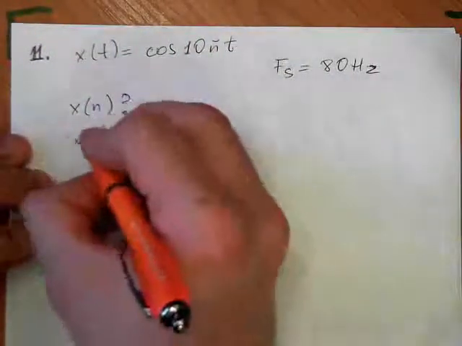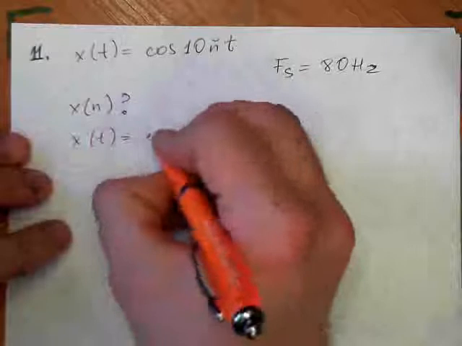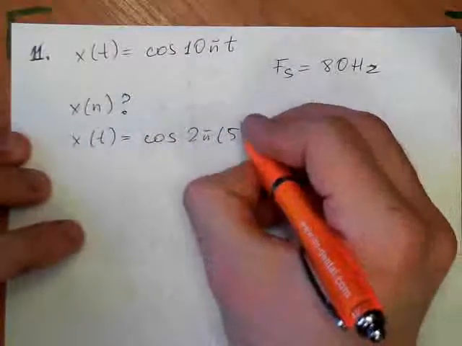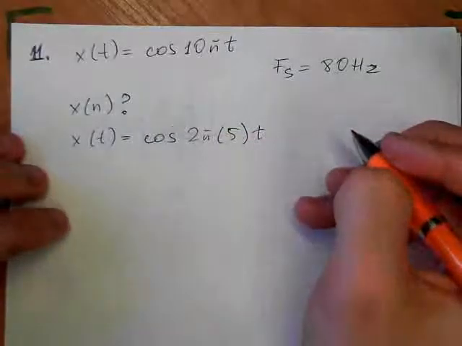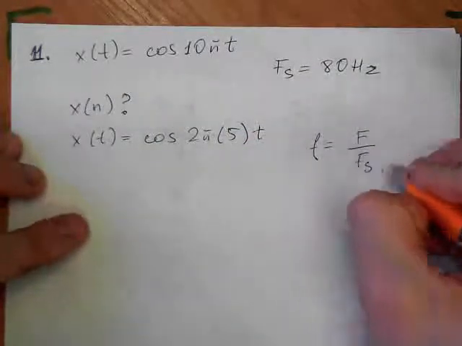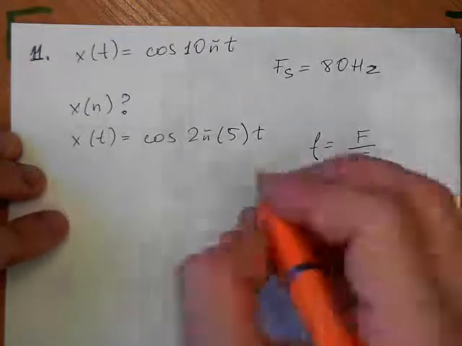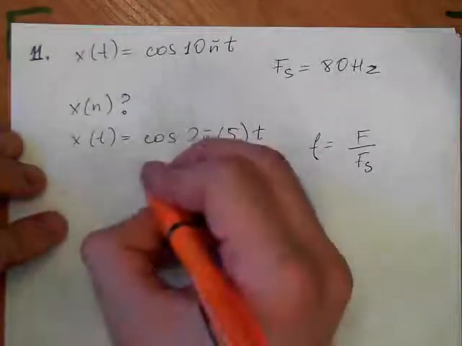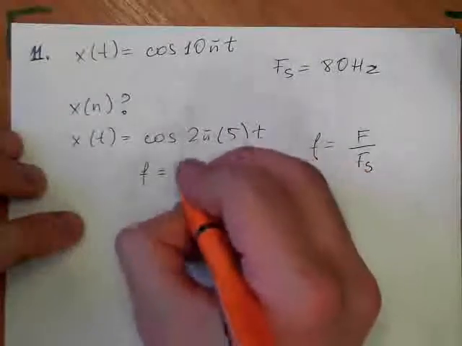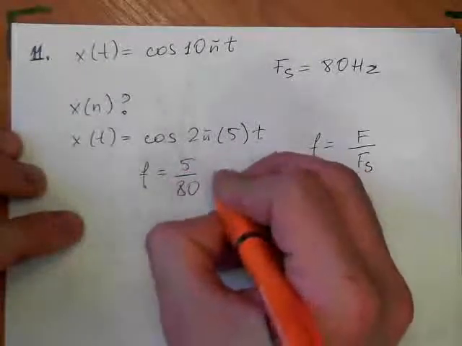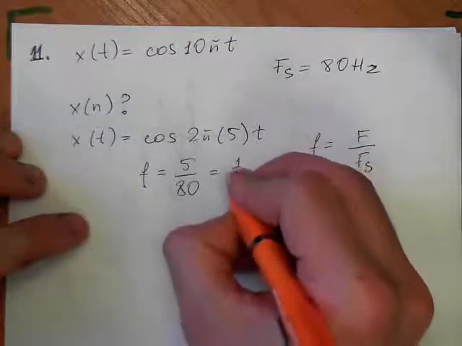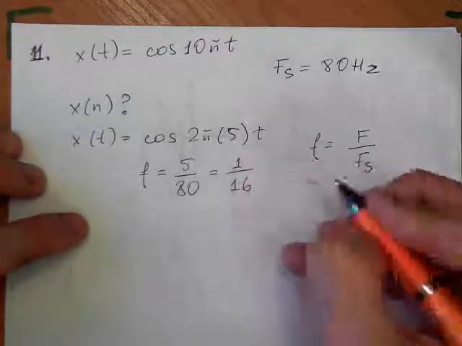We can find it easily. Xt, it is what? Cos 2 pi 5 t. According to this equation, f divided by Fs, we can write that small f is 5 divided by 80, and we can get that it's 1 divided by 16.